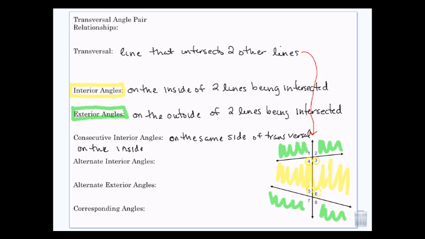Okay, so I'm going to circle those. We have 4 and 5 are consecutive interior angles. Let me just list them. Angle 4 and angle 5 are consecutive interior because they're on the same side. And then we have angle 3 and angle 6. So you have 2 pairs of consecutive interior angles.